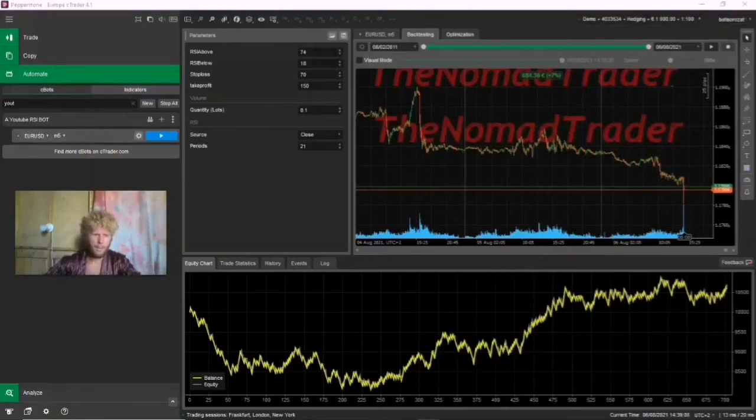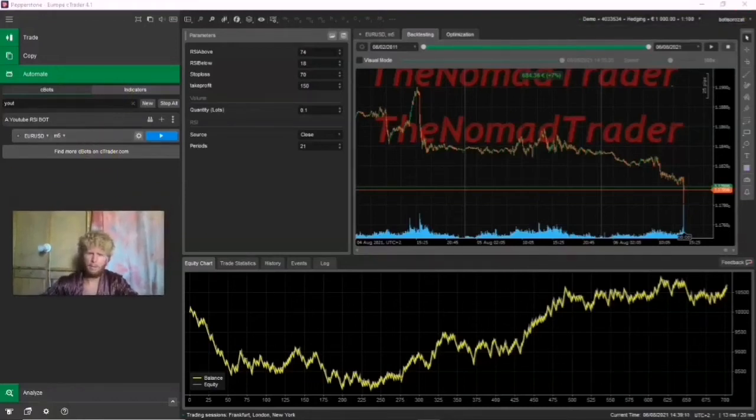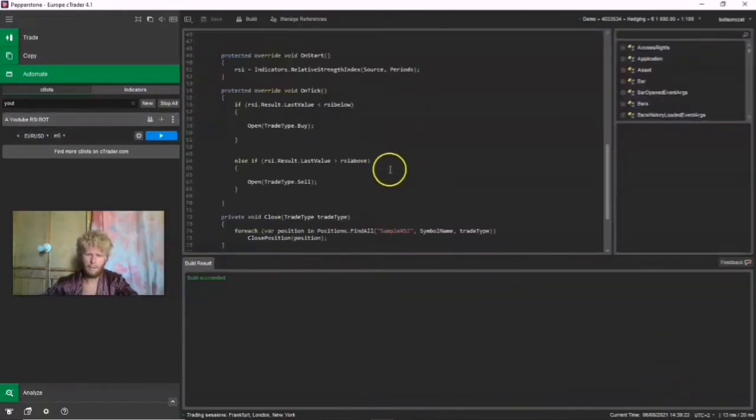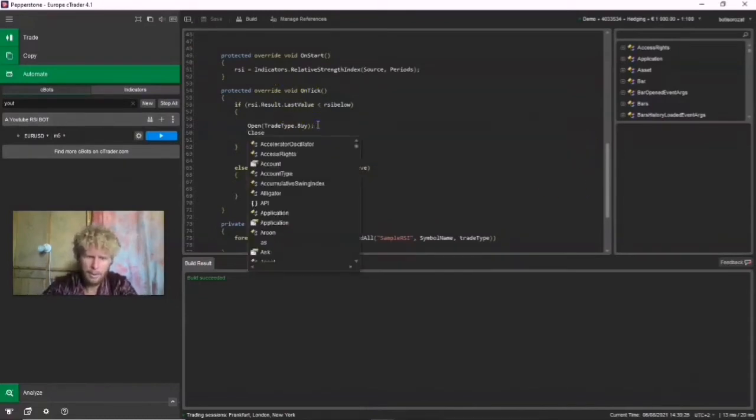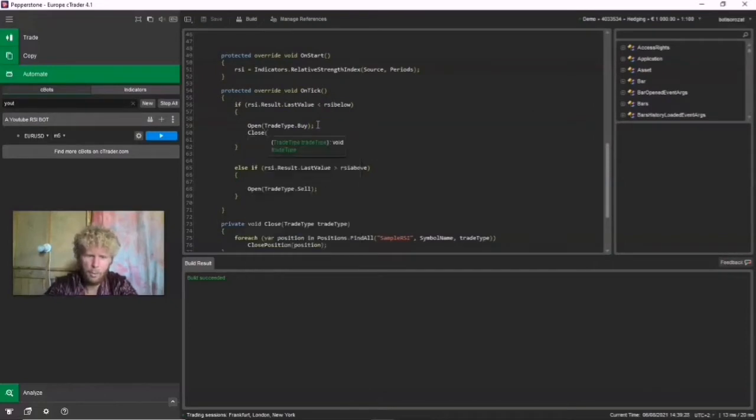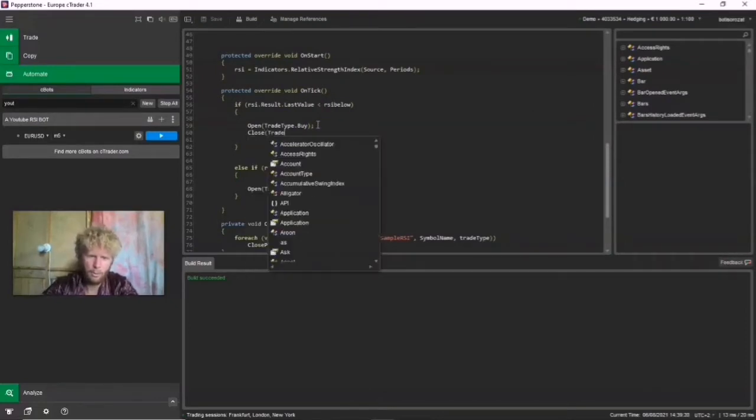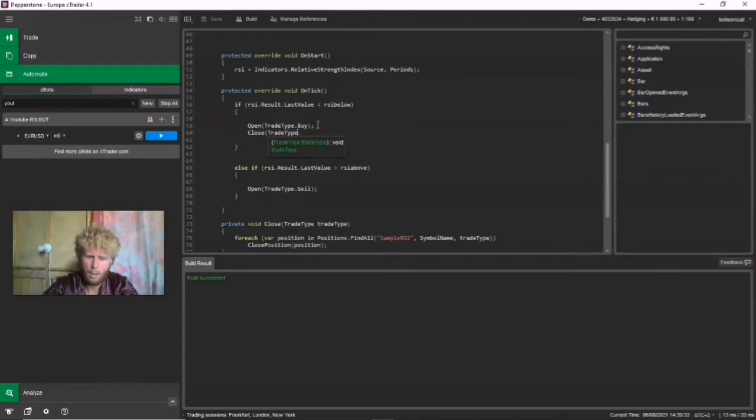So in the next chapter, I want to show you another thing that you can do with these kinds of strategies. It is a really simple logic: to have a dynamic stop loss and take profit.